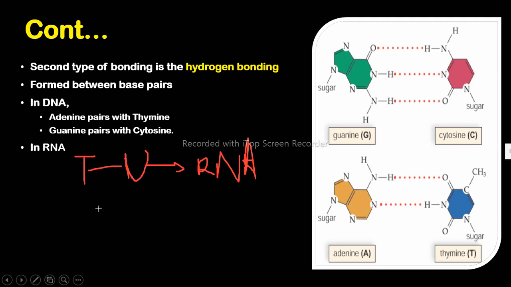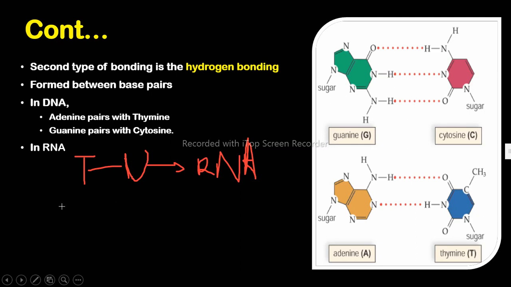So all RNA molecules don't have thymine. They do not have thymine, but thymine is replaced with uracil. And they are all pyrimidines, so no problem.